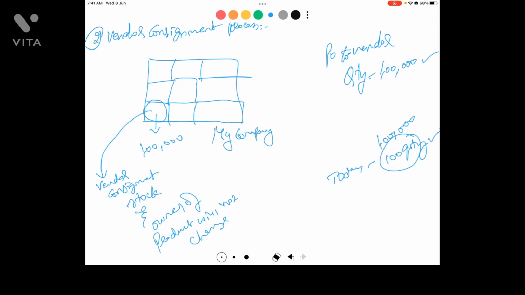But the liability is still not paid, and the owner of the goods has still not changed.